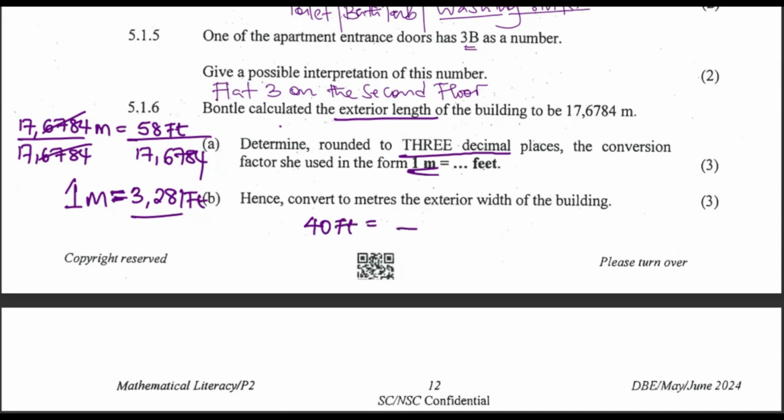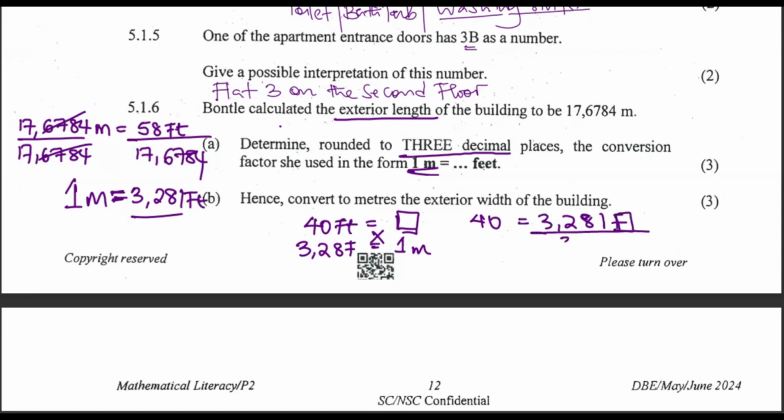What will it be if 3.281 feet give us 1 meter? We cross multiply, so 40 feet equals 3.281 meters.